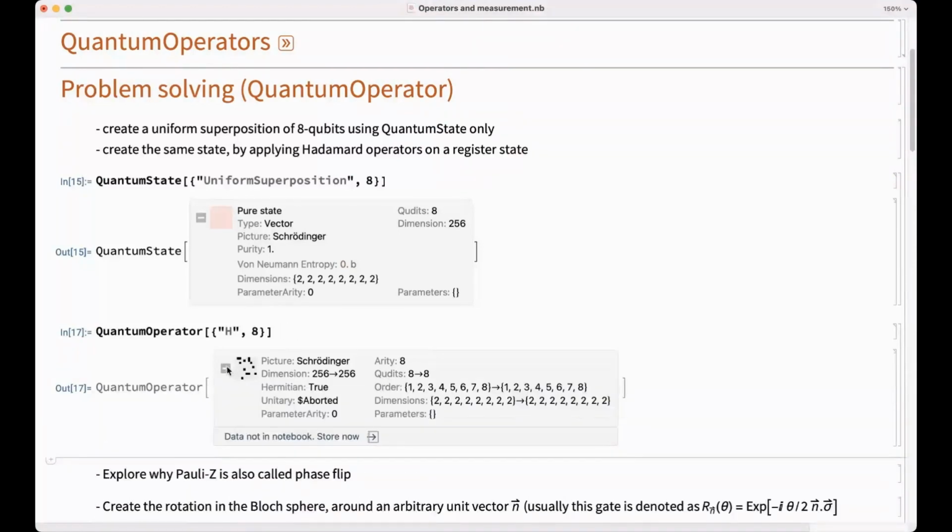If you want to apply it on a register state where all the qubits are in the ground state, you can specify it explicitly, with a register state of 8 qubits, and you're going to get your uniform superposition.